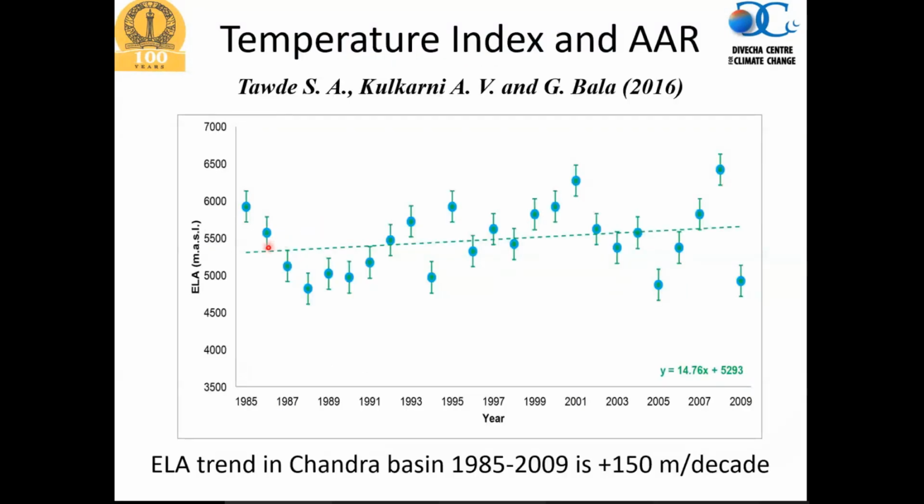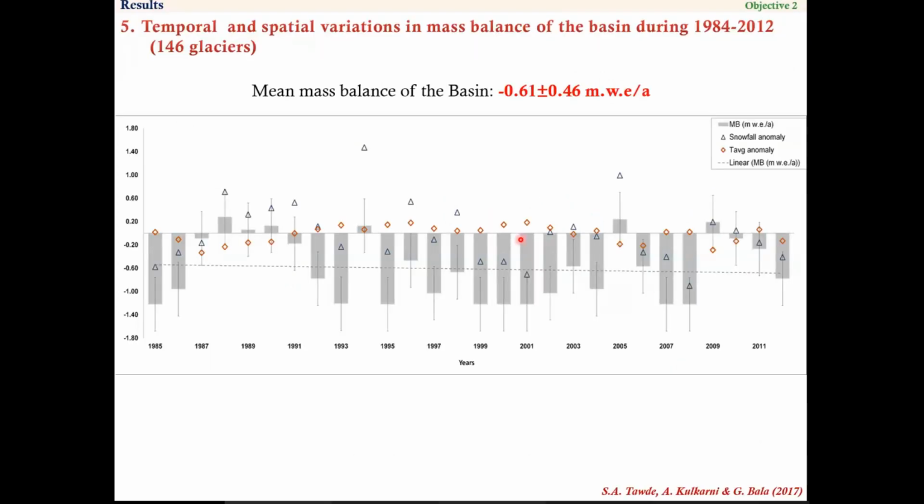So you can run it for a period for which you have satellite, temperature and precipitation data, and it is quite possible to do it annually. You can do it for hundreds of glaciers by developing programs, and this is how she has done it, and she has estimated annual change in mass balance from 1985 to 2009.